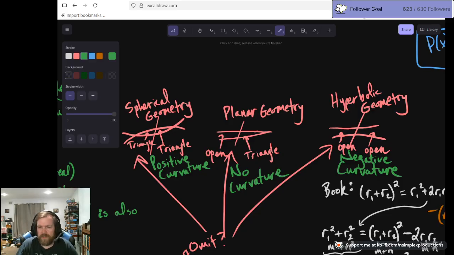And the fifth postulate means, at the very least, that Euclid understood that there were these three different kinds of possible curvature that could exist. Or at the very least, he understood positive curvature because, Earth. He understood planar, no curvature, because he did planar geometry.